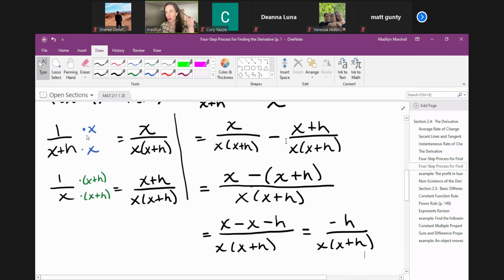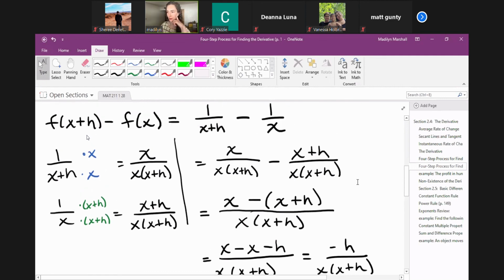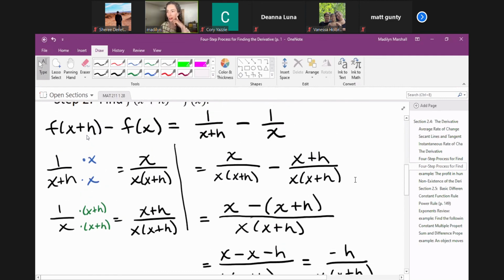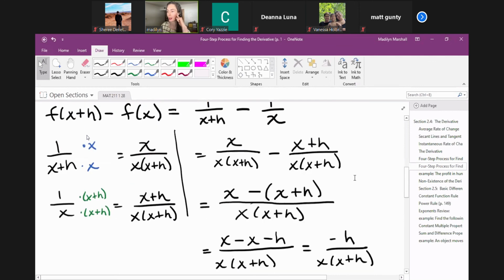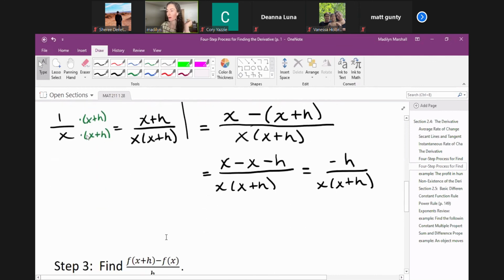We're subtracting fractions, so that minus is applying to the x and the h in the parentheses. The x's cancel and we're left with just minus h in the numerator. So when we have rational expressions, that step 2 can be a little bit tricky if we don't remember our algebra well.